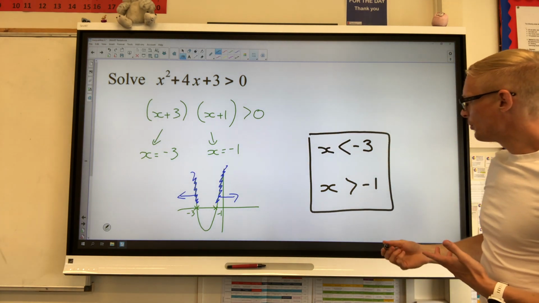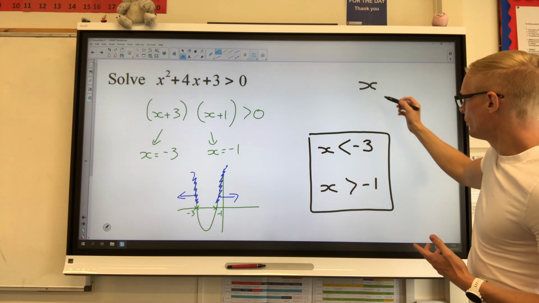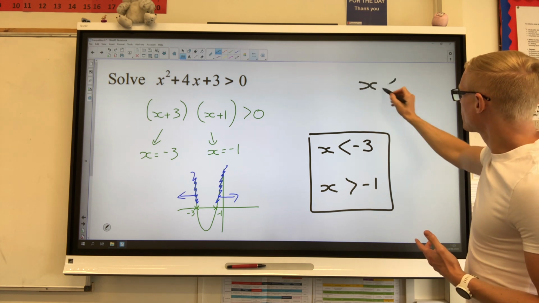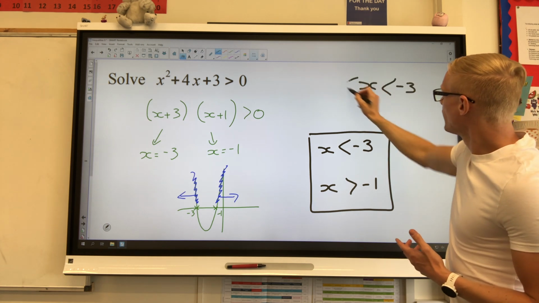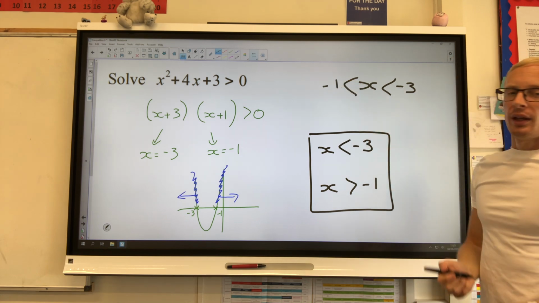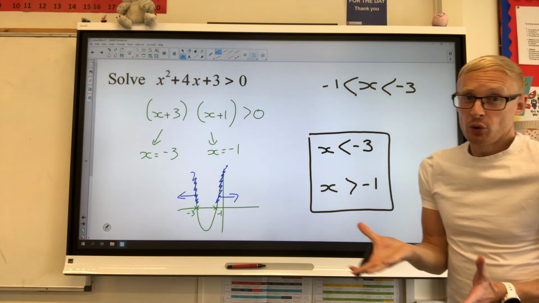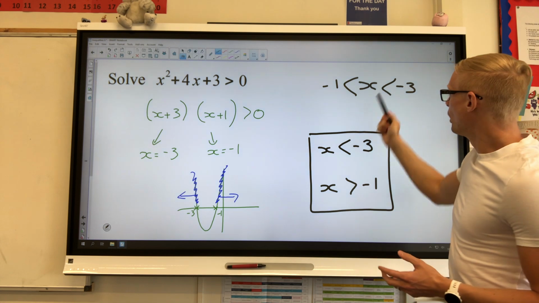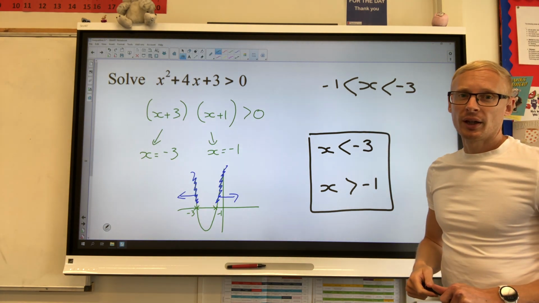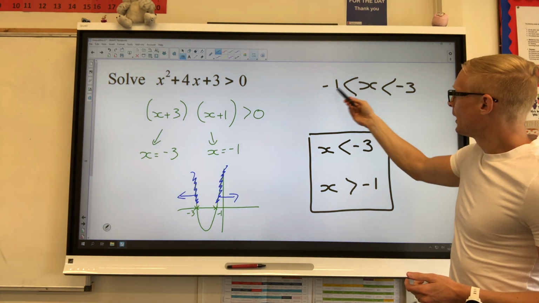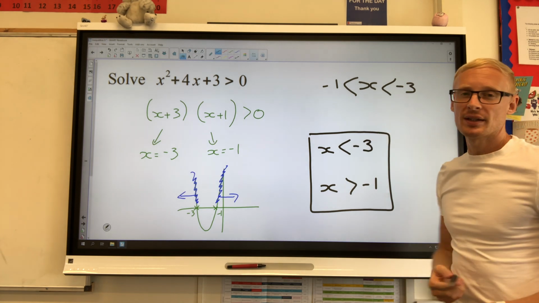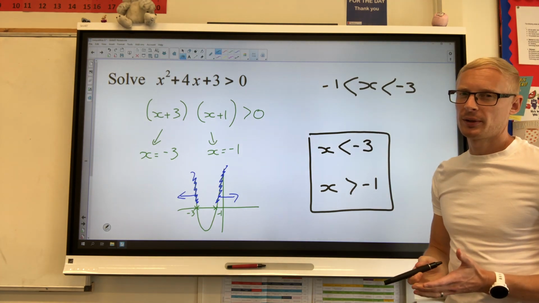Now the reason I can't write them as one is if you imagine trying to write them as one, you say x is less than negative 3, x is greater than negative 1. I would challenge you that you can't think of a number that works for both those things. Okay, you can't think of a number that is greater than negative 1 and also less than negative 3. Okay, there isn't a number.